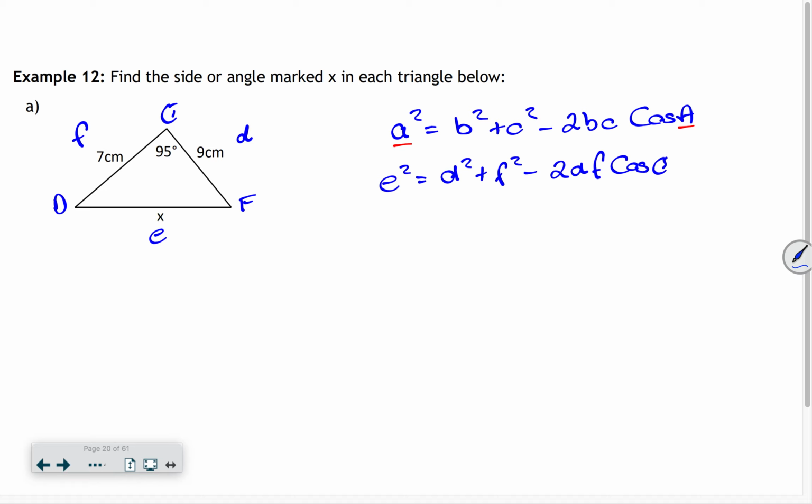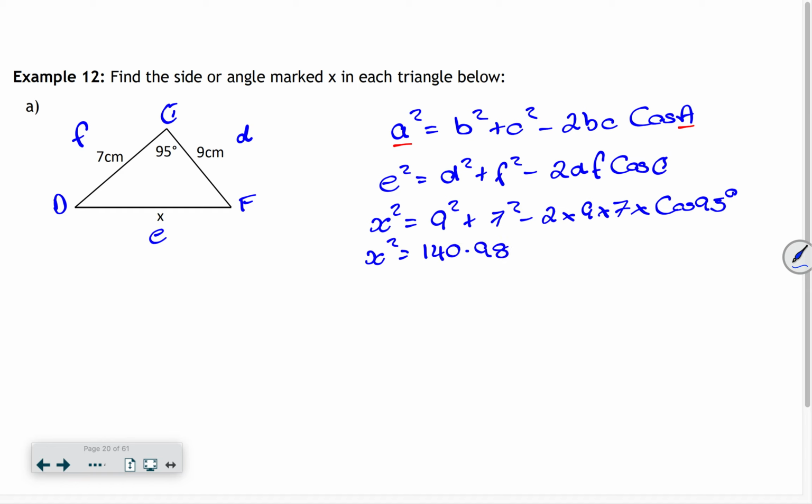In terms of that, that's going to be x squared is equal to 9 squared plus 7 squared minus 2 times 9 times 7 times the cosine of 95. Then we just type that into our calculator as we see it. Remember, make sure your calculator is in degrees mode. So we should have 140.9816236.